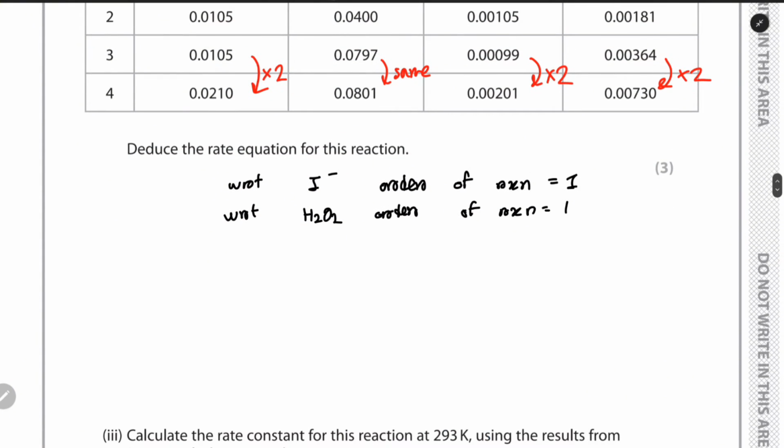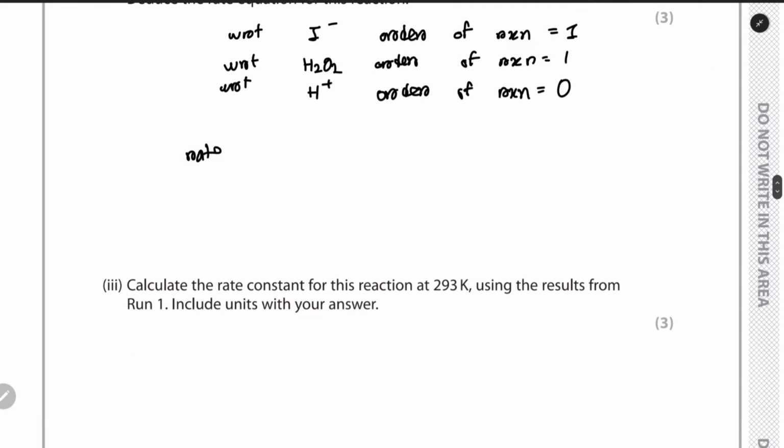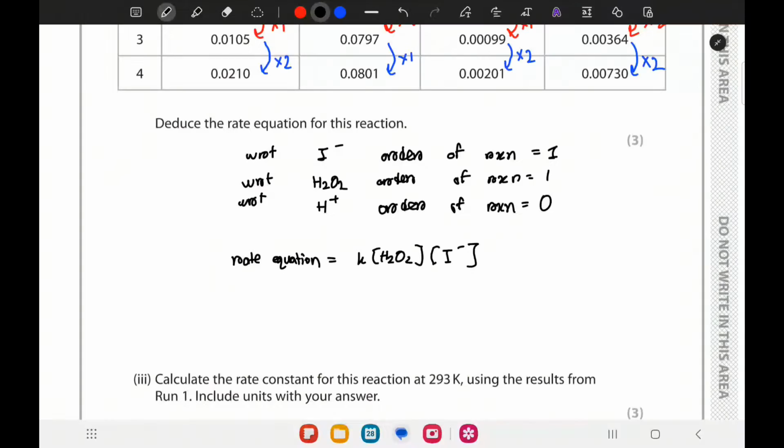So, with respect to H plus, order is 0. So, the rate equation over here is K times the concentration of hydrogen peroxide times the concentration of I minus. This would be the rate.